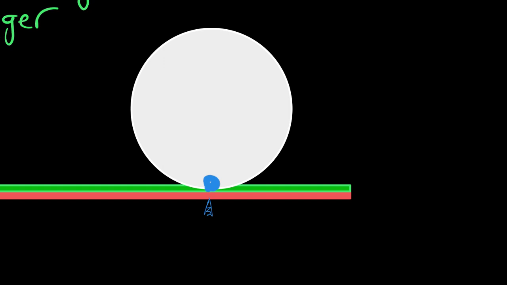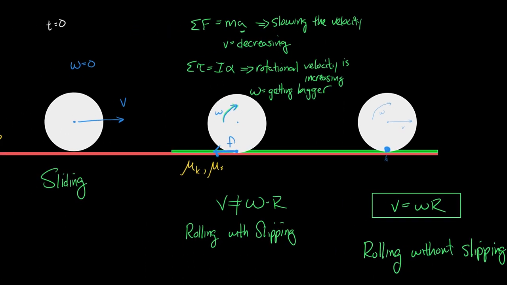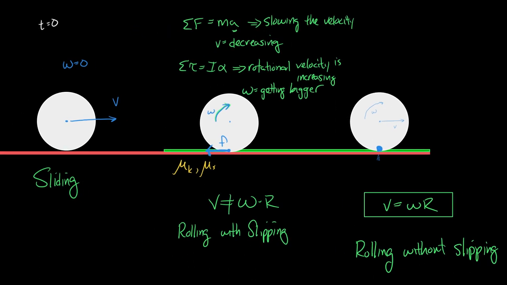Moreover, we've reached a point where the velocity and the angular velocity are now in sync. Because of that, once we reach a state of rolling on a level surface, the net force can be 0 and the net torque can be 0. Nothing is required to maintain motion.